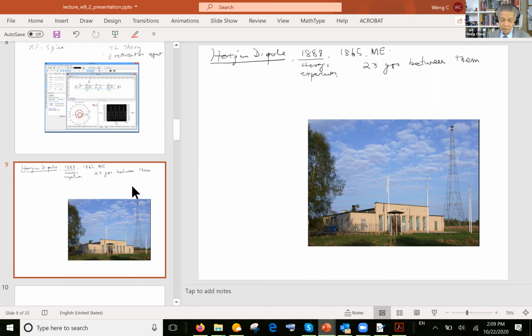And of course, a very important personality in all this game is Oliver Heaviside, as I told you before. Oliver Heaviside was an eccentric recluse. I think that's the right word.